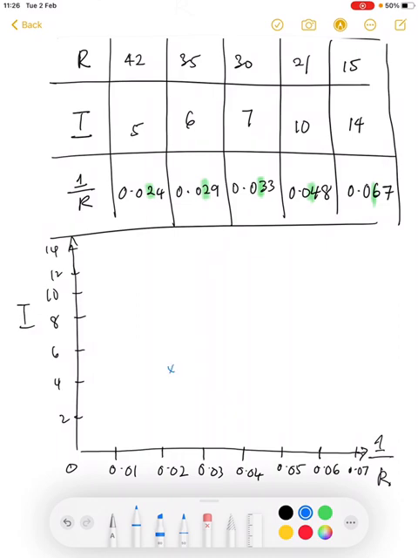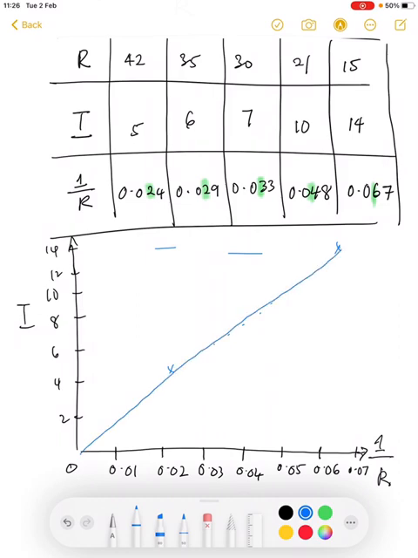0.024 somewhere here. So you're going to plot all of the points, and then finally you're going to get a straight line. The last one is 14 up here, and 0.067. Class, trust me, after you plot all of the points, you're going to join all the points starting from the origin.